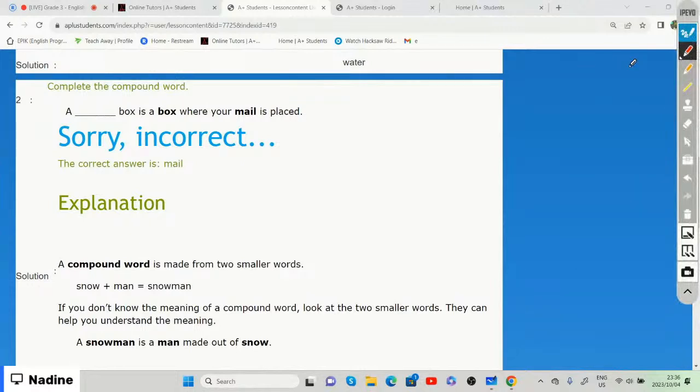So a what box is a box where your mail is placed. Where does the postman place your mail?